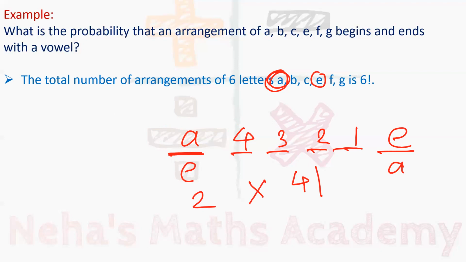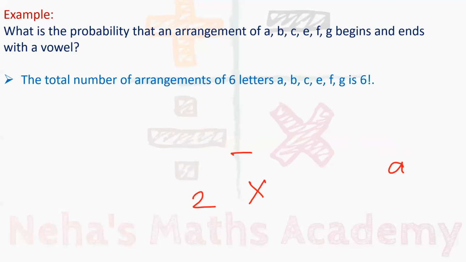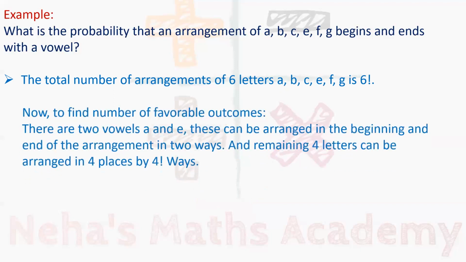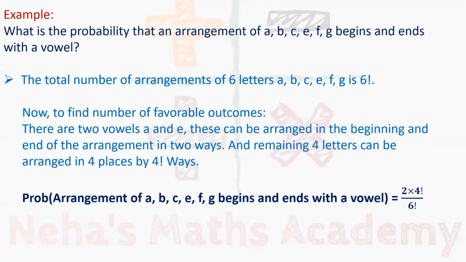So the number of ways to arrange the 6 letters such that the arrangement begins and ends with a vowel is 2 into 4 factorial. So our required answer is 2 into 4 factorial upon 6 factorial. 6 factorial is the total number of ways to arrange these 6 different letters.